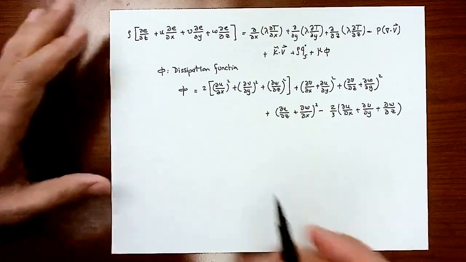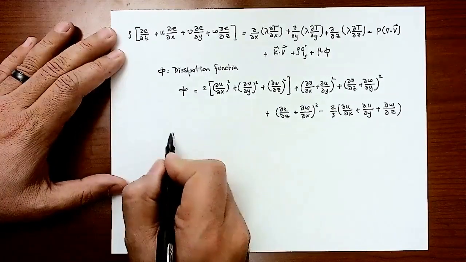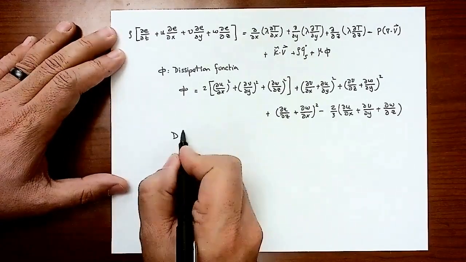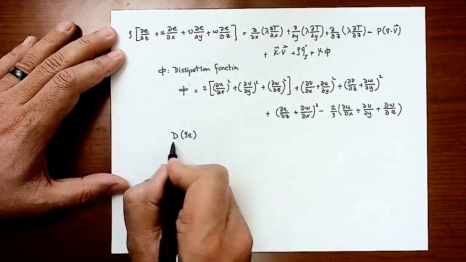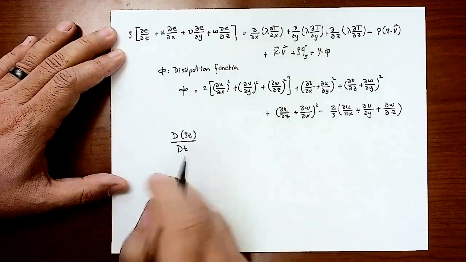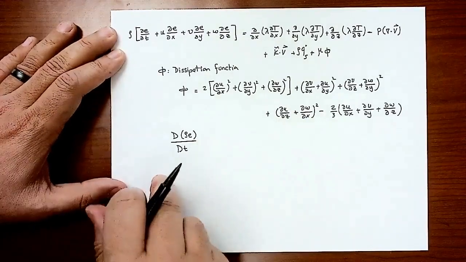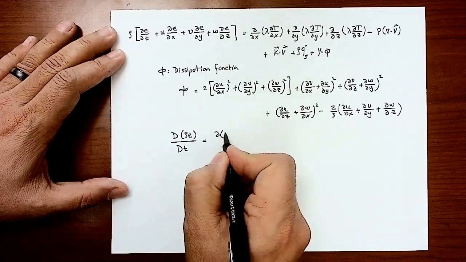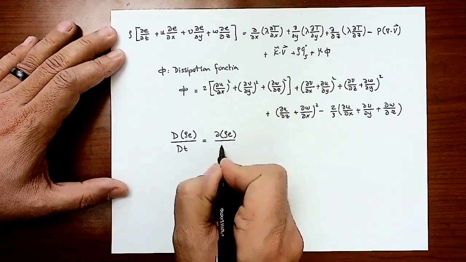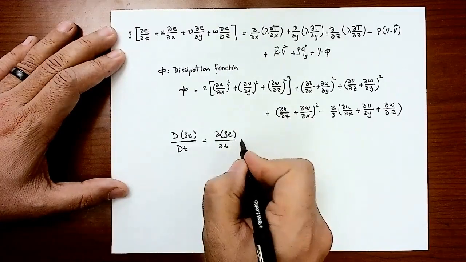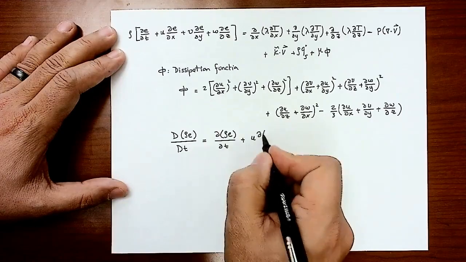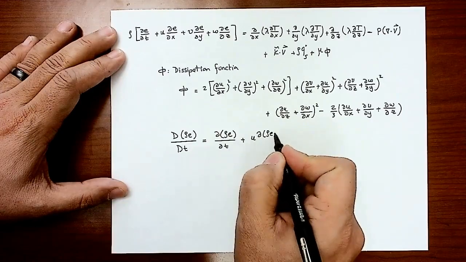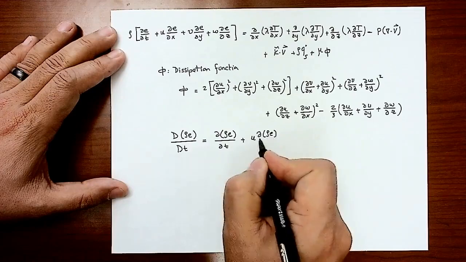So to generalize that equation, I can write it as the following: the total derivative of rho E relative to the time t, which you can break into two terms, which is partial rho E by partial t plus u partial rho E by partial x.